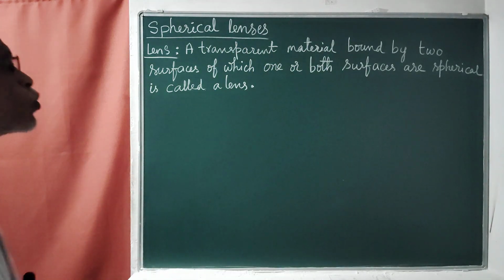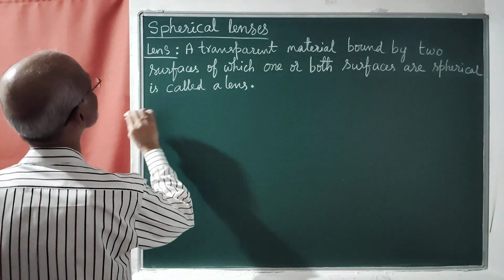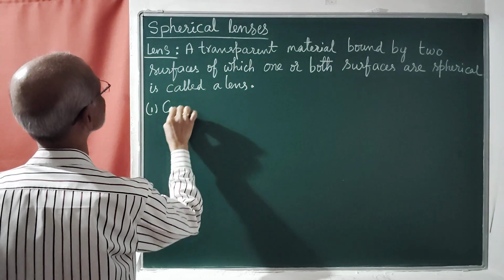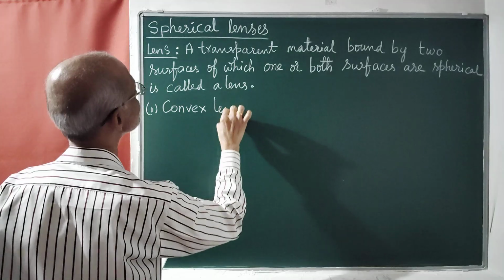There are two types of lenses, convex and concave. First, we'll see what is a convex lens.